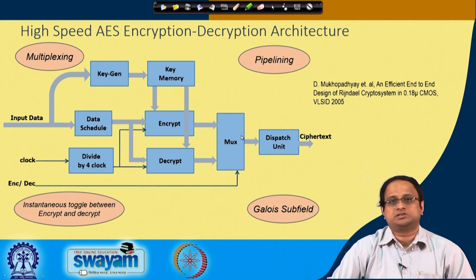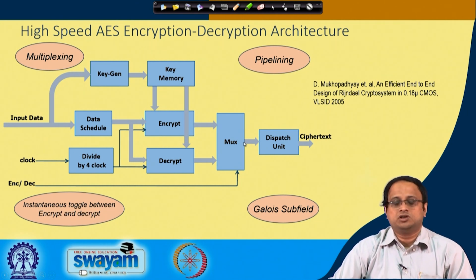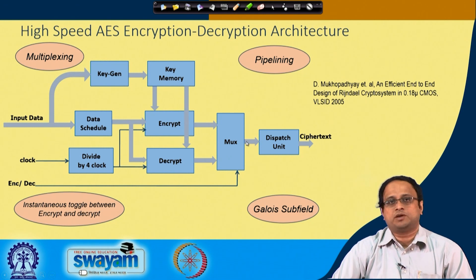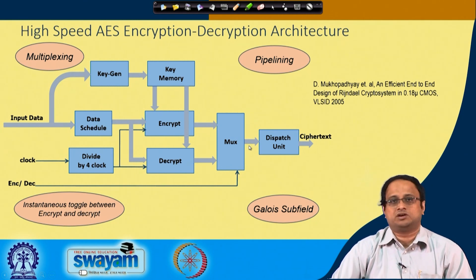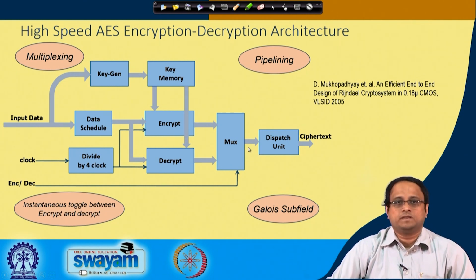On the other hand, there may be some modes of encryption where pipelining would give an advantage. So that depends upon how you want to use your AES block cipher. You can choose to apply pipelining or not, but at the same time, when you apply pipelining, there is an increase in area, but also an advantage in terms of throughput.